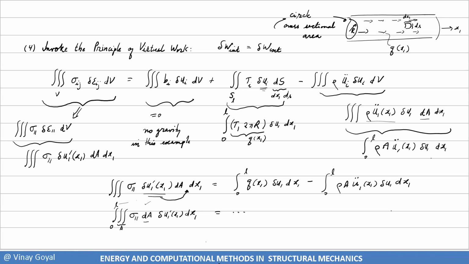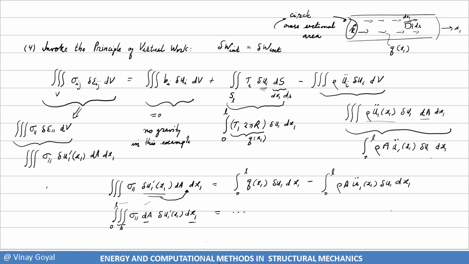What I'm going to do with the left hand side, I want you to notice that sigma 1 1 dA has a physical meaning. If dA represents a differential element in the cross-sectional area, because that's what that is. This is a differential line element along the length of the rod.